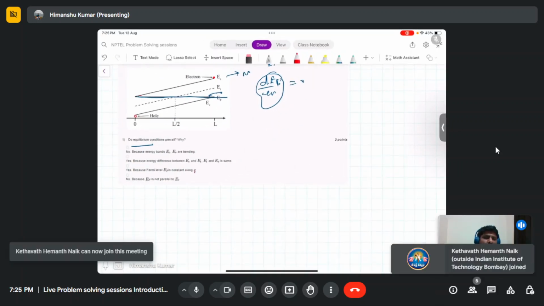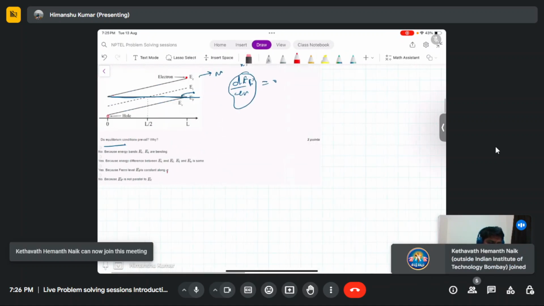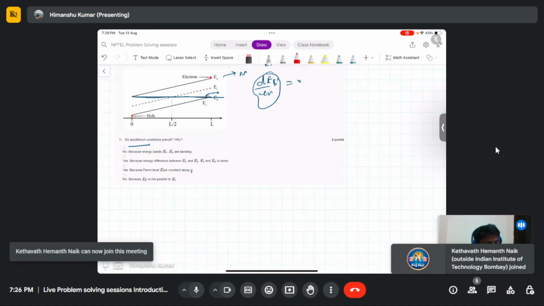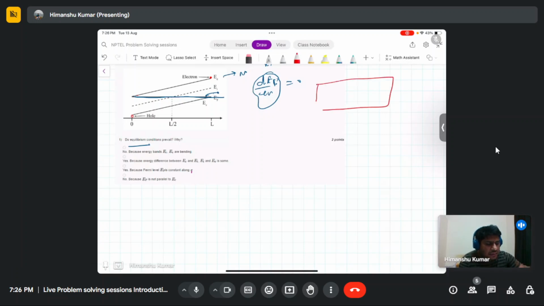This kind of bending can exist if you apply a uniform charge in the semiconductor, or if it is depleted of carriers.